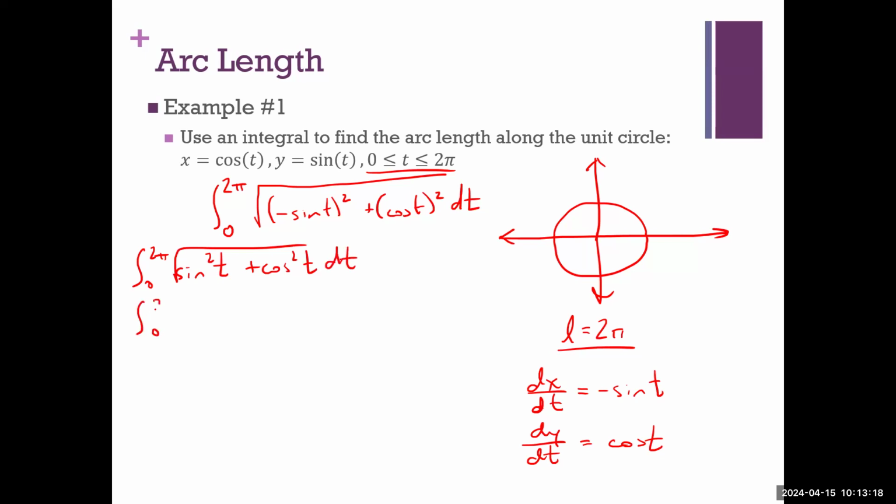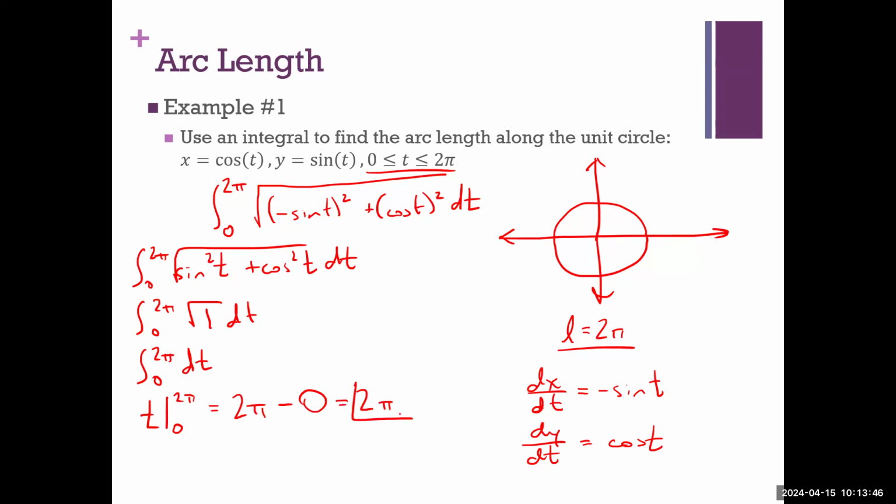This becomes the integral from 0 to 2 pi of radical 1 dt, or the integral from 0 to 2 pi of just dt. What is that integral? Simply t. So evaluating t from 0 to 2 pi gives me 2 pi minus 0, which is exactly what you knew it should give you.